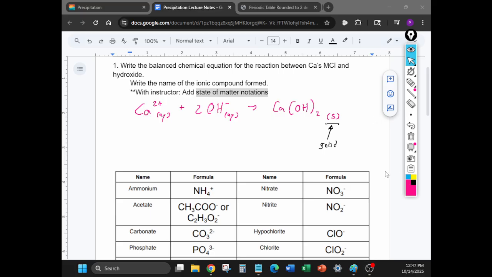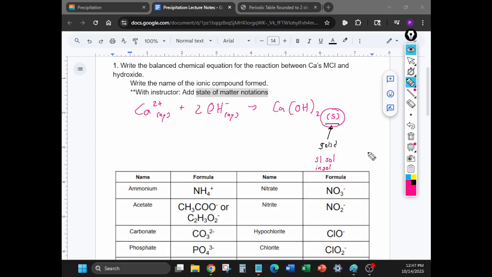All right, so if you see on the table that it is slightly soluble or insoluble, then all you have to do is add a parentheses S after your chemical to indicate that it's going to form a solid. When we do our lab next week, we're going to be mixing these ions, and you'll be able to predict whether or not a solid forms when you mix these ions together.